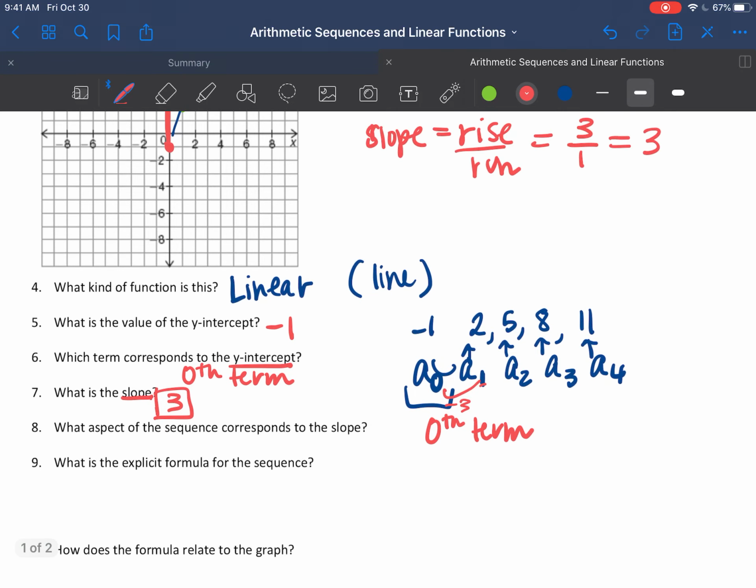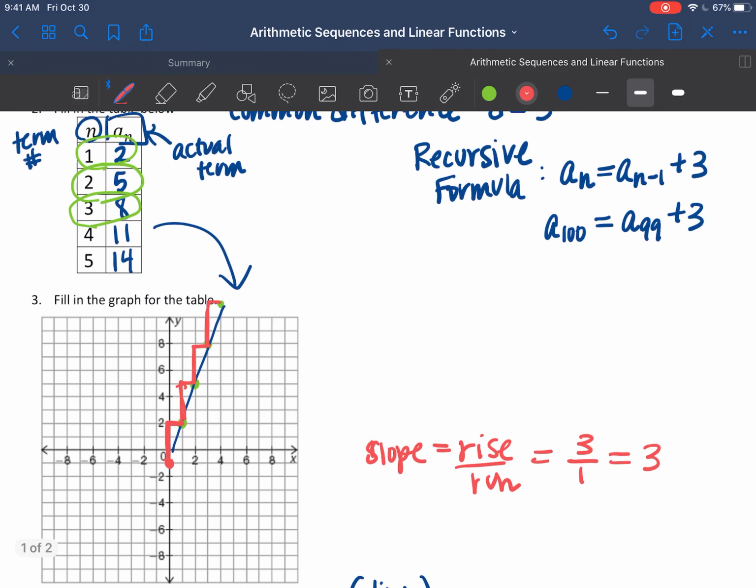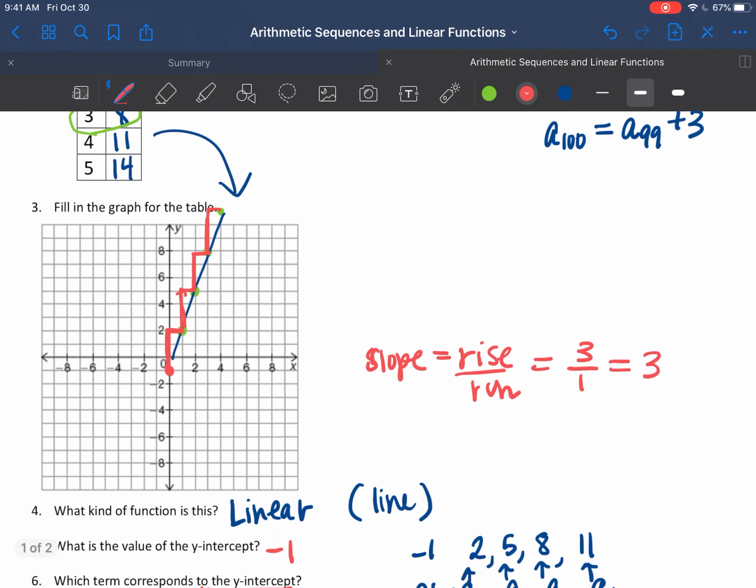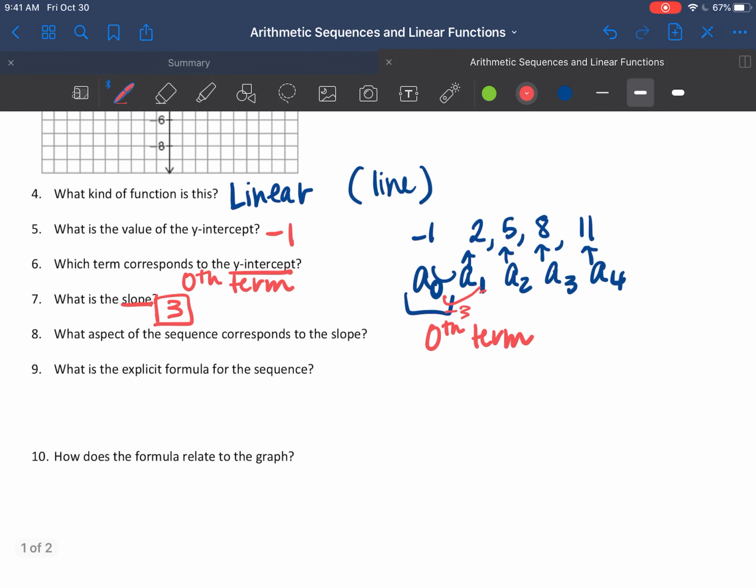What aspect of the sequence corresponds to the slope? And I know some of you are already saying it. Our common difference. Okay, that constant number that we were adding to get to each term corresponds to the slope. The constant rate is the common difference.